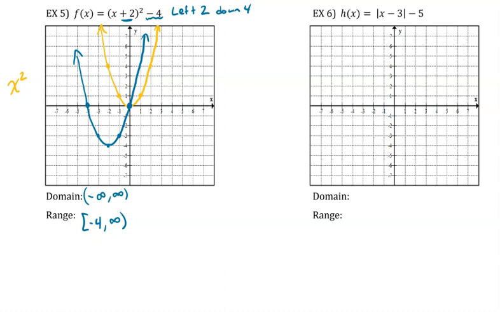All right, one more for this video. So our next parent is the absolute value of x again. So 0, 0, negative 1, 1, 1, 1, negative 2, 2, 2, 2.